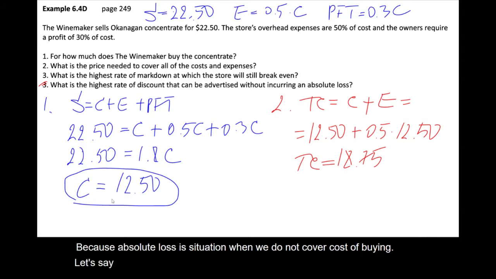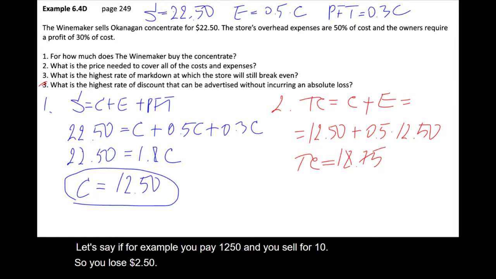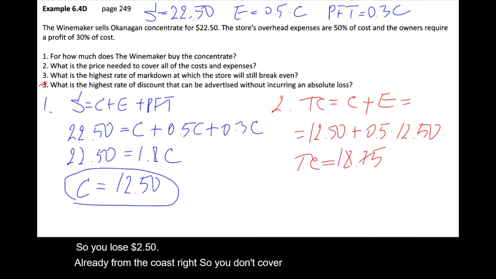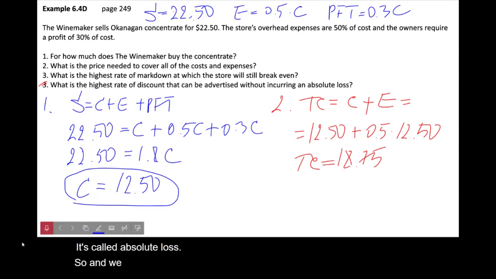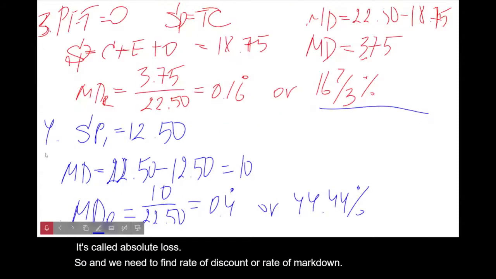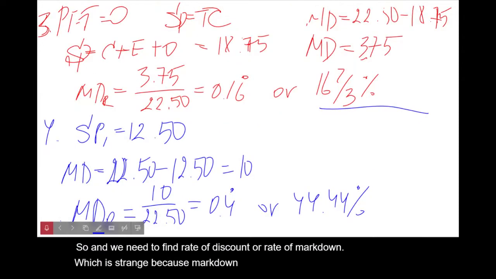Let's say if, for example, you pay $12.50 and you sell for 10. So you lose $2.50 already from the cost, right? So you don't cover costs even. It's called absolute loss. So, and we need to find rate of discount or rate of markdown, right? Which is same thing, because markdown is what? Discount, right?